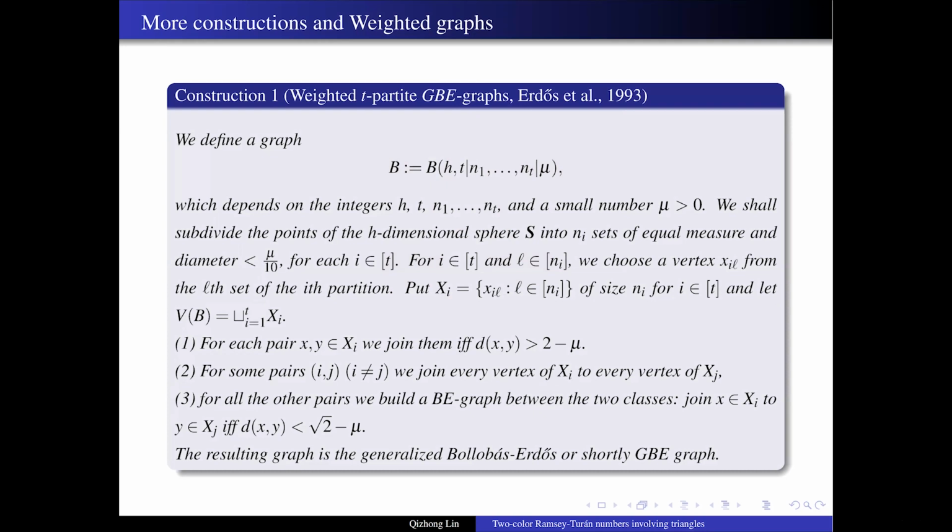The following is the generalized Bollobás-Erdős graph defined on t classes, in which some pairs are joined completely, and the others are joined by a Bollobás-Erdős graph.